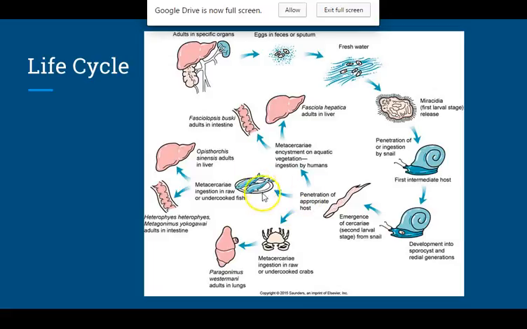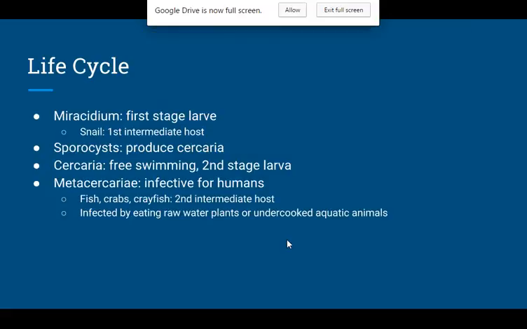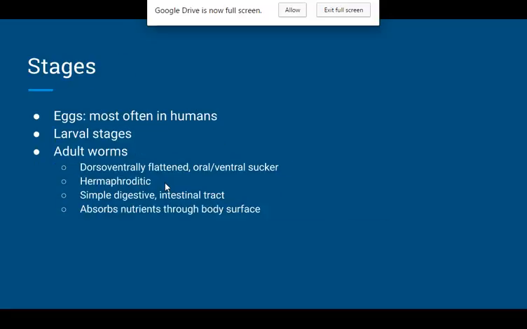So here's a fish and here's a crab that they get into, and then the fish or the crabs or crayfish or plants are the second intermediate host, and the Cercariae turn into Metacercariae here, and then this is where patients consume those and get infected. So this PowerPoint is what I just was saying. This is a little summary of that.